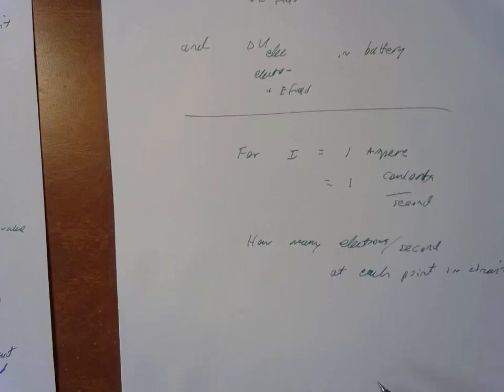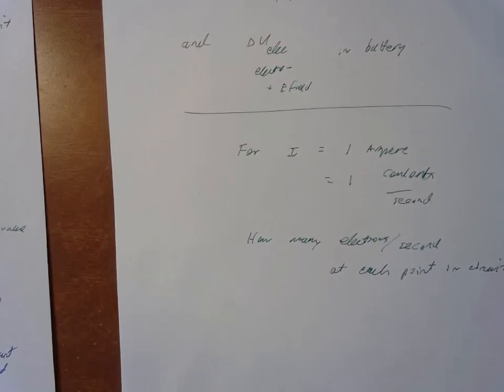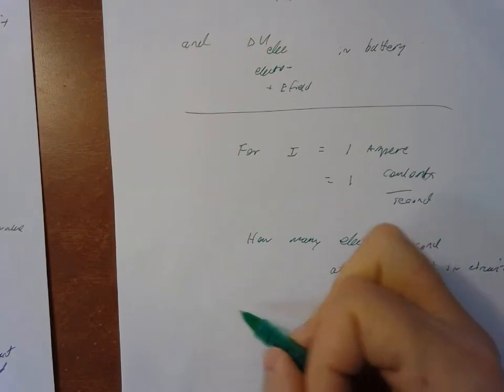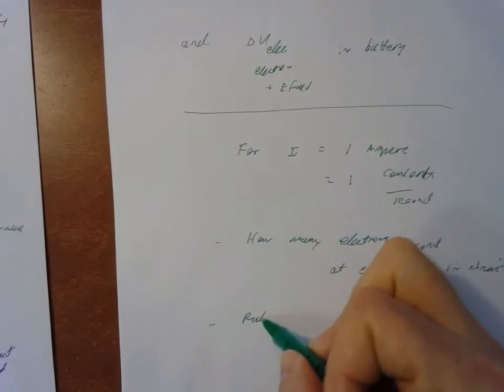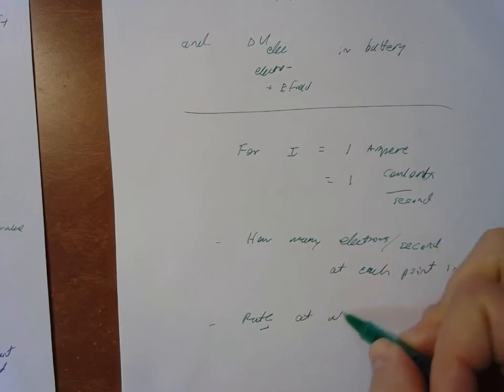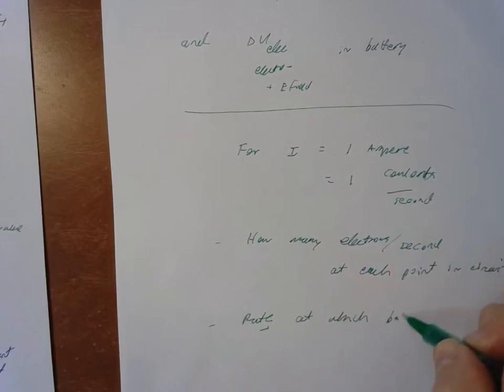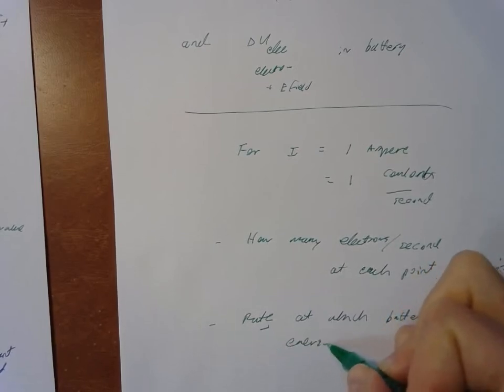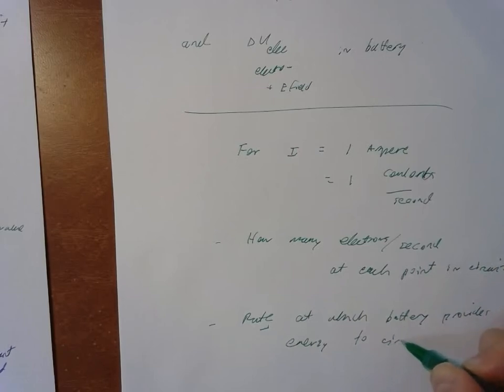And then, one final thing. I want you to calculate the rate at which the battery provides energy to the circuit if the current is 1 amp.